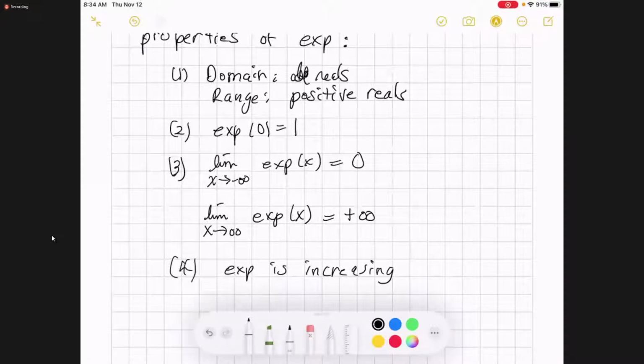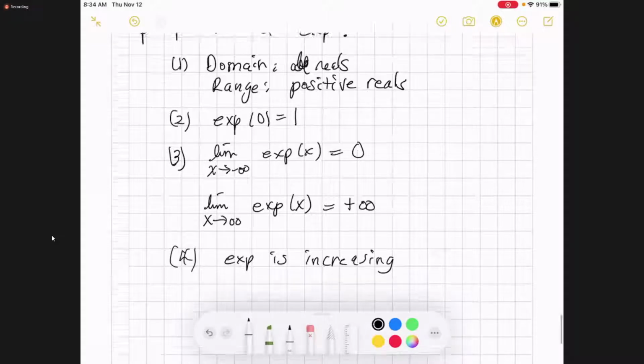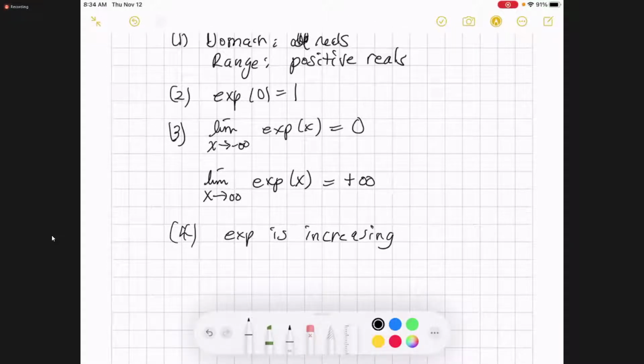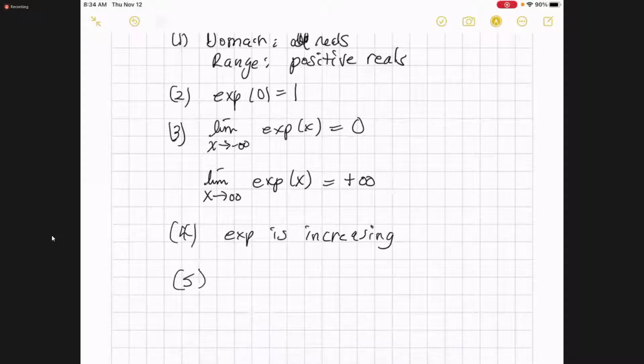But that's because the log is increasing. ln, its inverse is increasing. Also, it's defined to be the inverse of the log function. So we automatically know, inverse functions undo each other. So the exponential of the log of x is x.